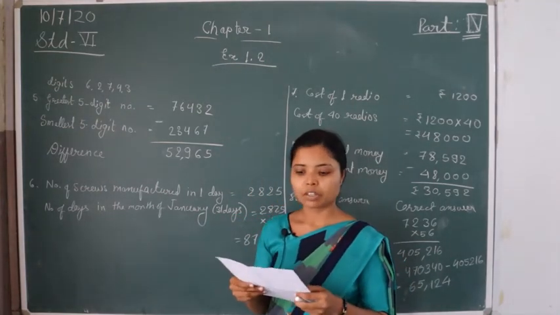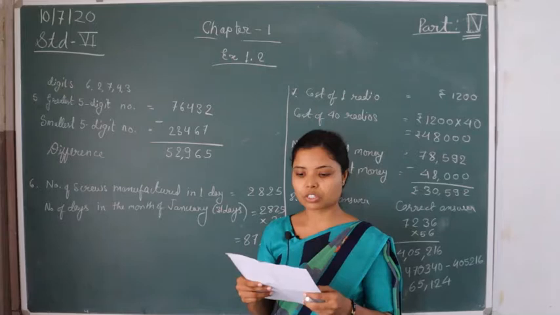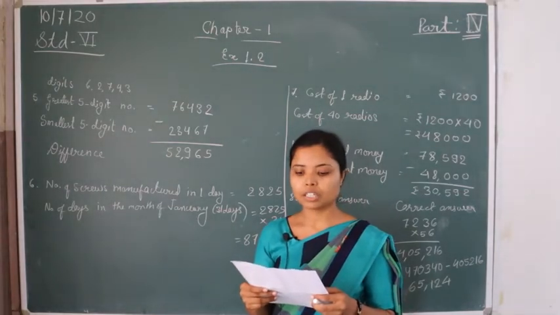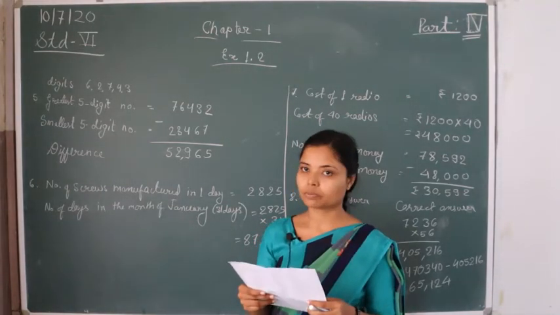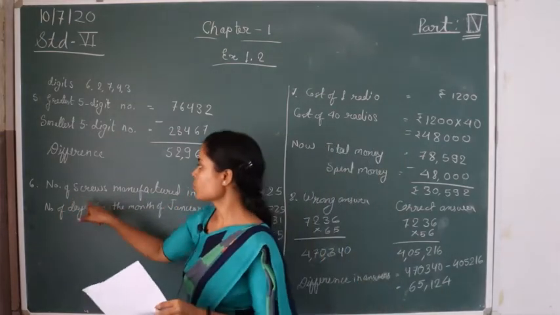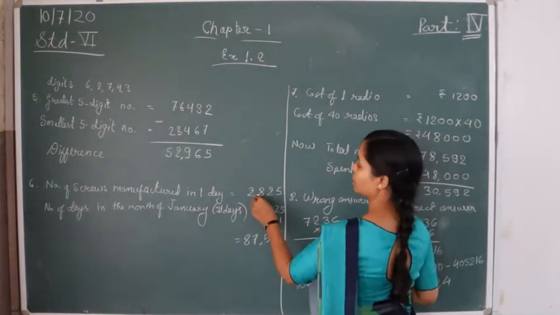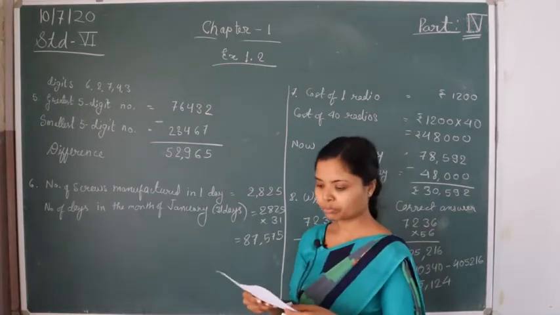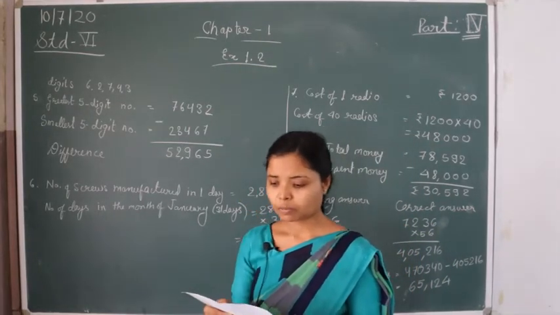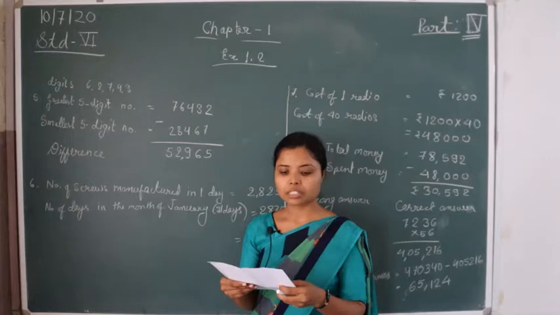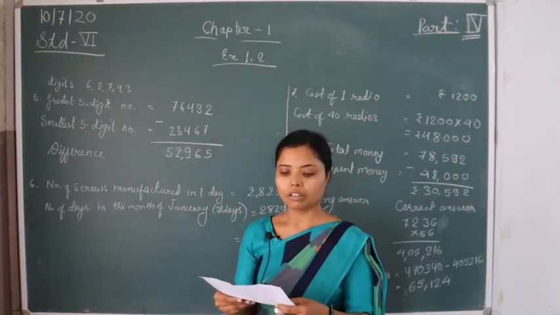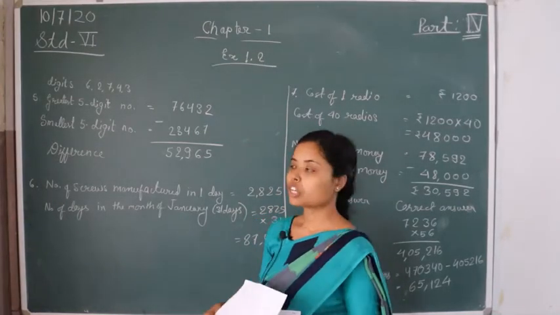Okay, so we will move to the next question, number 6. A machine on an average manufactures 2,825 screws a day. Then how many screws did it produce in the month of January?